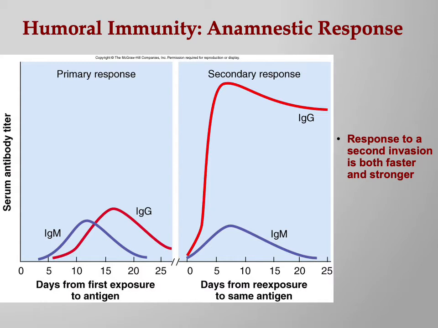So, over the coming weeks and years, I was still being exposed to mumps as a little kid, playing with other little kids. But what happens is my anamnestic response. I've now got the memory cells, I've got these IgGs.